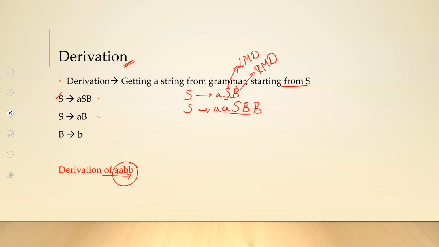Now I've got my AA. So my first two parts are okay. Now I've got to replace my S again over here. Now I've got two things to replace. S can either be ASB or AB. Imagine I'm taking the first one, ASB again. And then I write down my B over here.